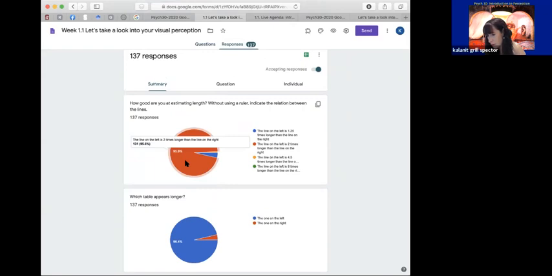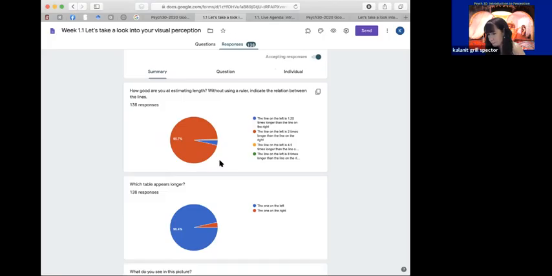There seems to be a large consensus: about 96% of the people in the class perceive the longer line to be twice as long as the shorter line, and a small proportion, about 3.3%, perceive the line to be only 1.25 times longer. In the breakout room, we're going to see how close this percept is to the actual difference in the lines. We're going to invoke a ruler and see how good you are at perceiving lengths.